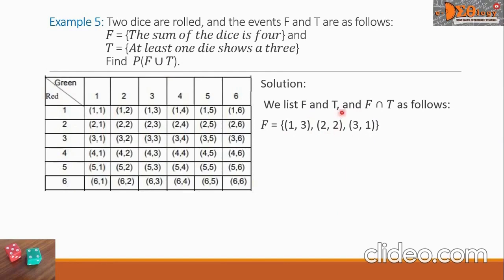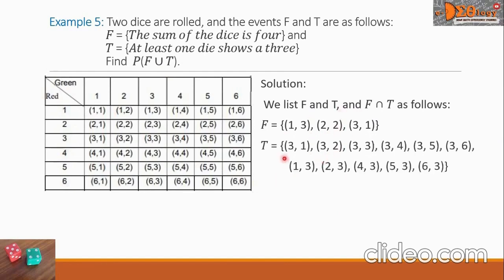Next is the event T. So we have here many elements, starting with (3,1), (3,2), (3,3), (3,4), (3,5), (3,6), (1,3), (2,3), (4,3), (5,3), and (6,3). Now, for the F intersect T, we have (1,3) and (3,1).